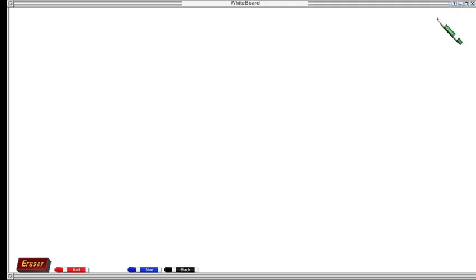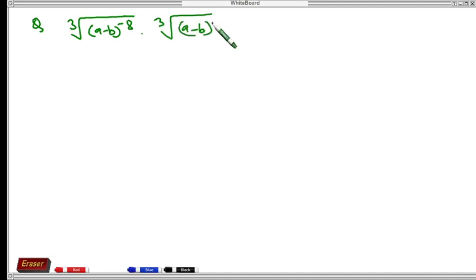Now the next question about multiplication: the cube root of (a minus b) to the power minus 8 times the cube root of (a minus b) to the power 4. The solution is, if they have the same order, we can express them in the same radical sign, dear students.